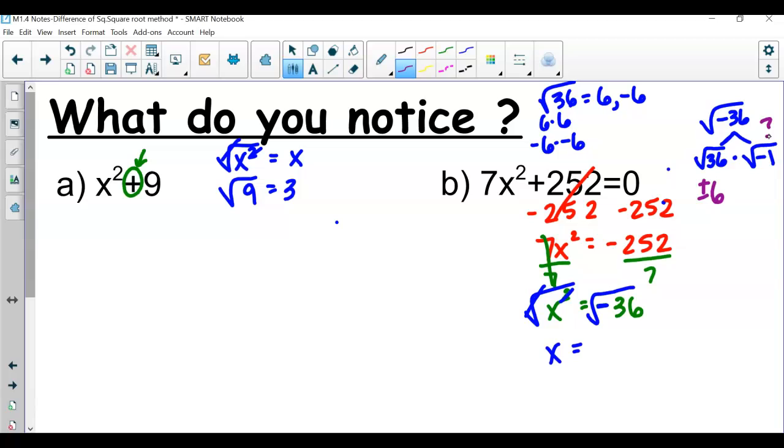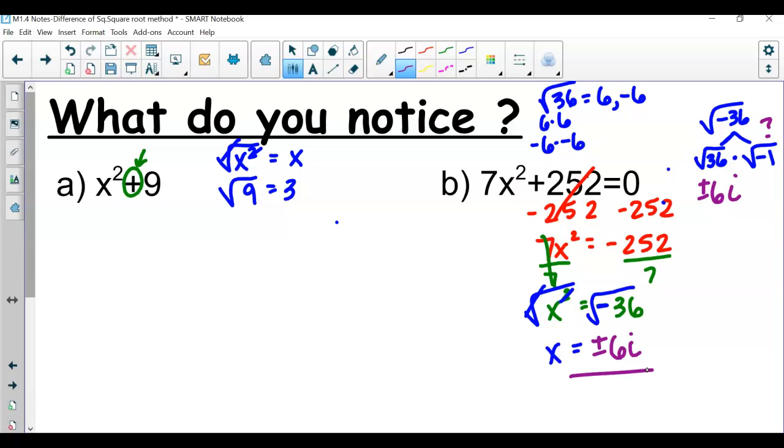This is now our new concept that we're going to focus more on. The square root of negative 1 is going to represent our imaginary number. So in this case, we are going to use i. So the square root of negative 36 is positive or negative 6i, because of the square root of negative 1. And we're going to focus more on understanding that imaginary number.